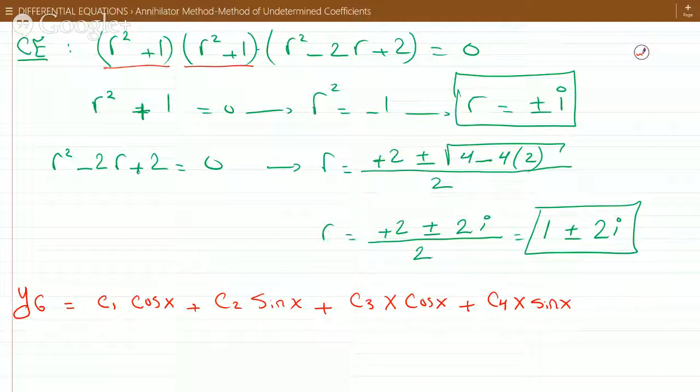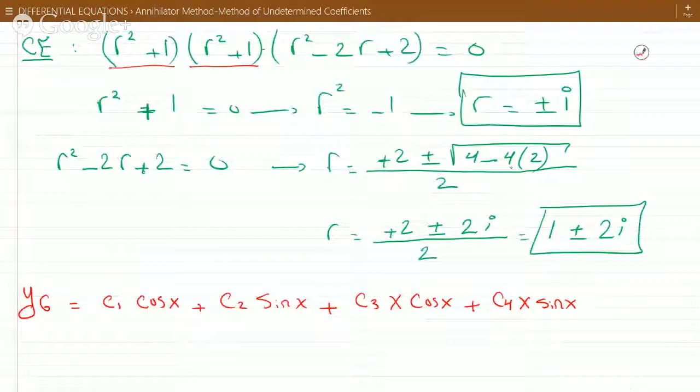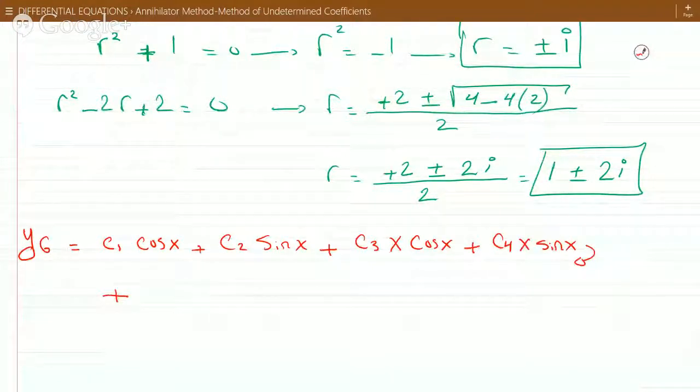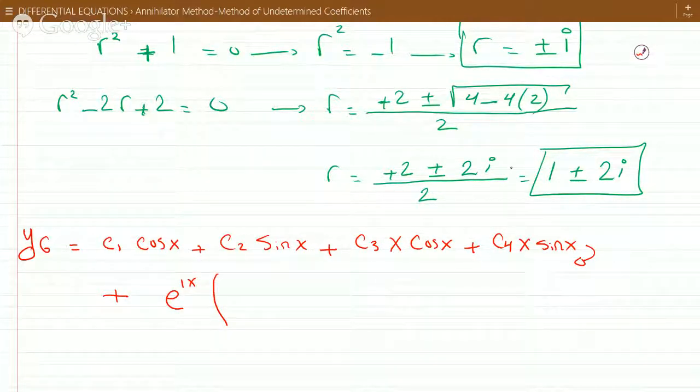And then we have this second guy here. There's no more room, so I'm going to continue it here. So plus the real part of the r gets you the exponential term. So this is e to the x. And the imaginary part gets you the sines and cosines. So you get, or let's call these just a cosine x.